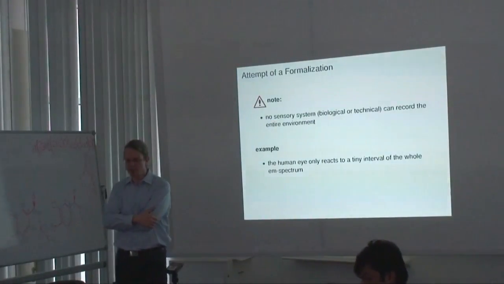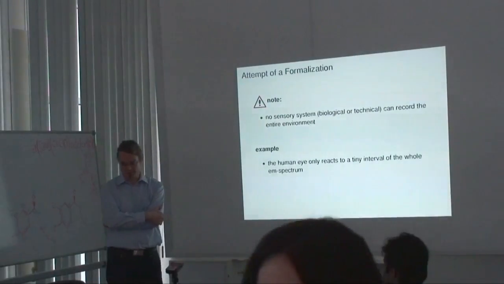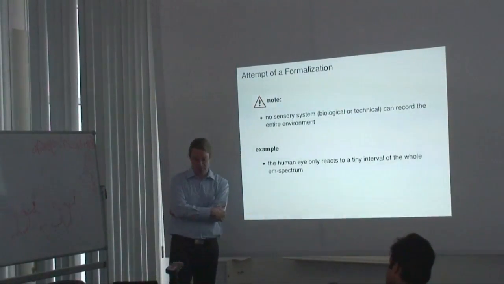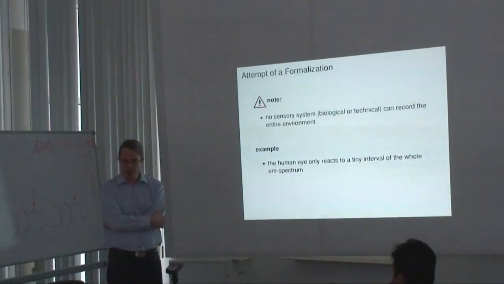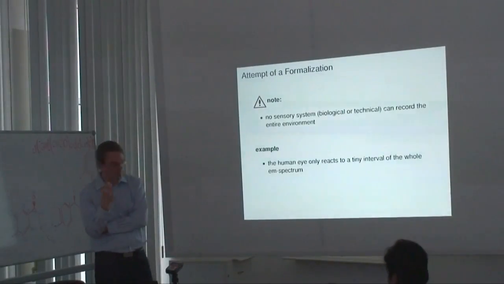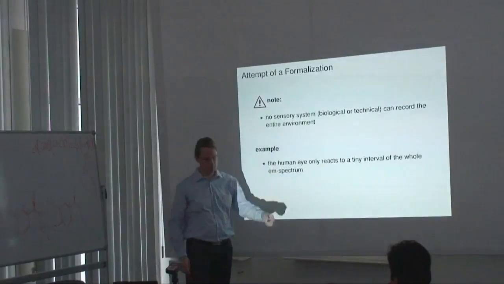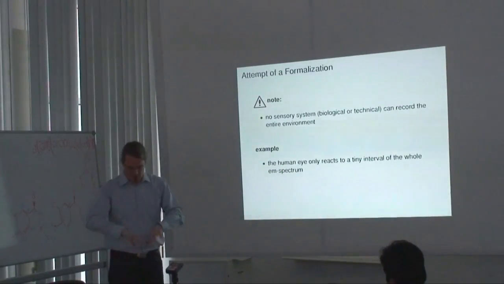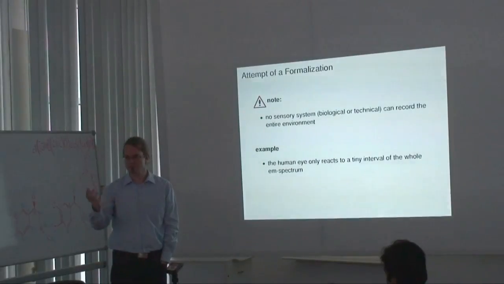We cannot see ultraviolet light, we cannot see infrared light, radio frequencies, or gamma rays, all these kinds of things. Our eye, by biological design, is a sensory system confined to a very, very narrow aspect of what we would call stuff that is visible.